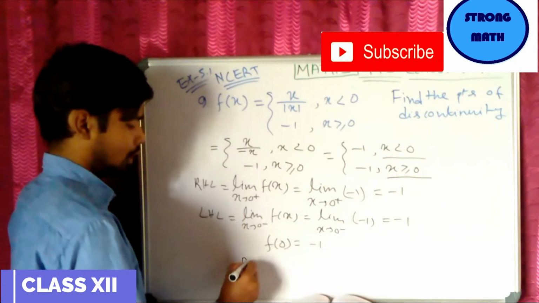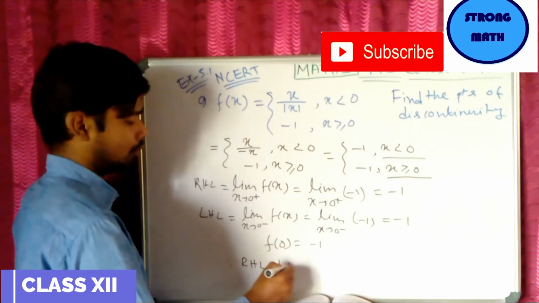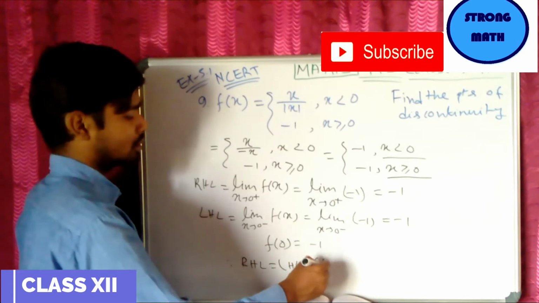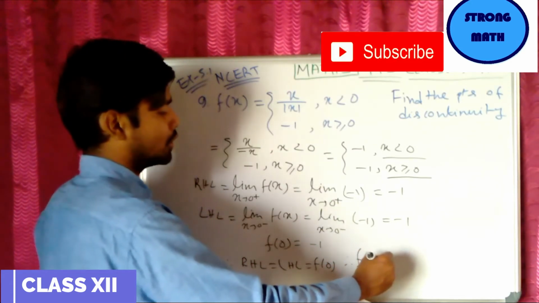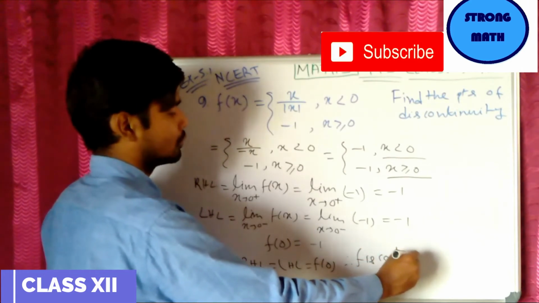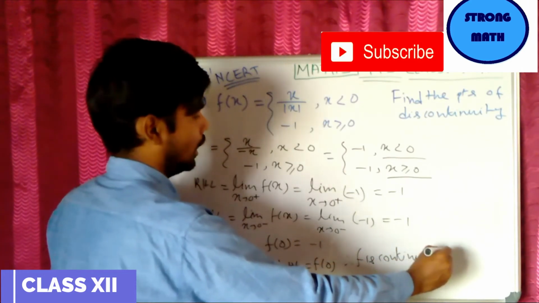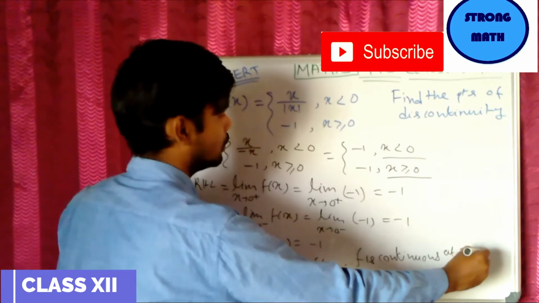Since right hand limit equals left hand limit equals functional value at that point, therefore f is continuous at x equals 0.